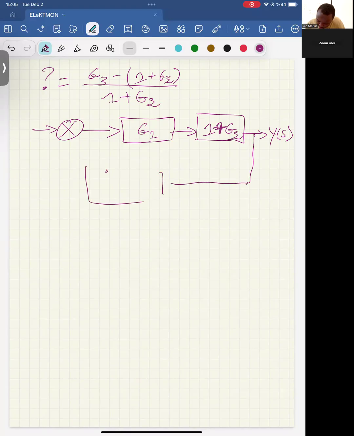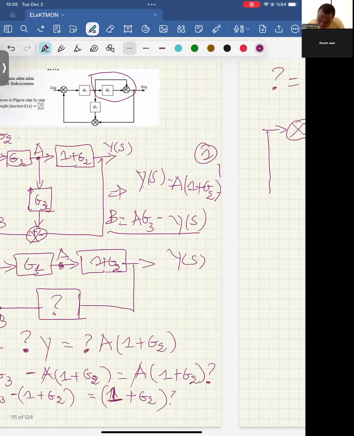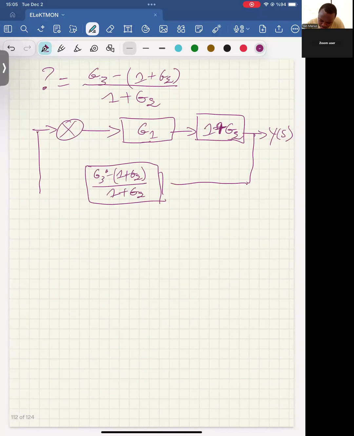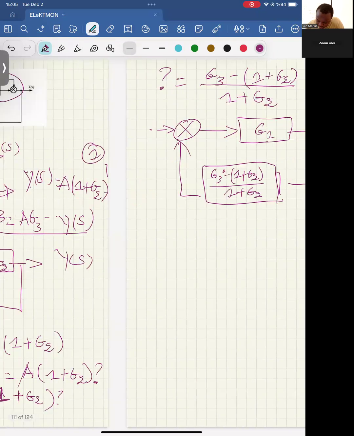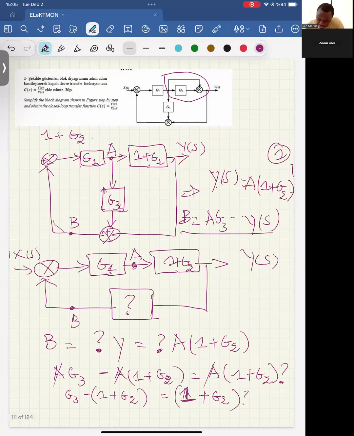Now we know the value of this feedback. It is G3 minus 1 plus G2 divided by 1 plus G2, and it is going to be negative feedback.